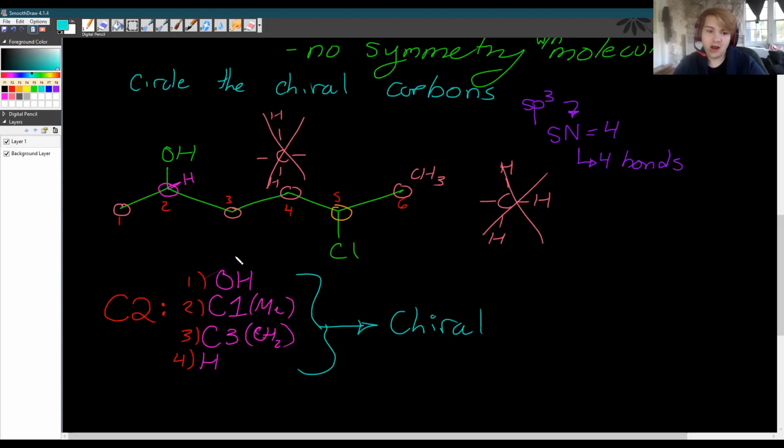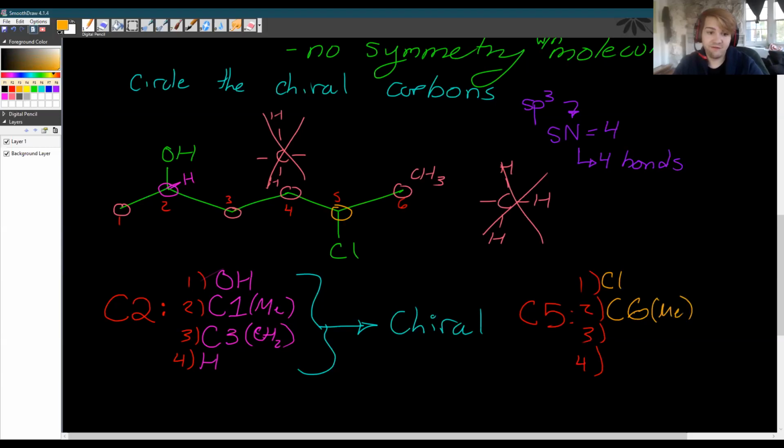Very nice. All right, let's do the same thing for that C5 carbon, the one with the chlorine on it. 1, 2, 3, 4. And obviously we have that chlorine, right? Because that's an easy one to find. We have C6, which is a methyl group.